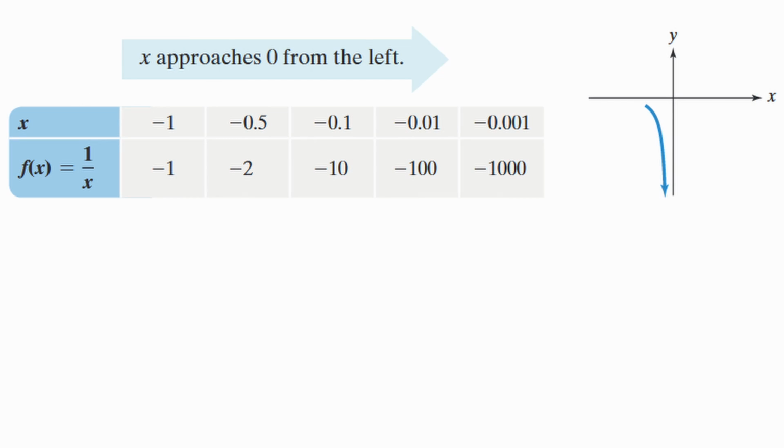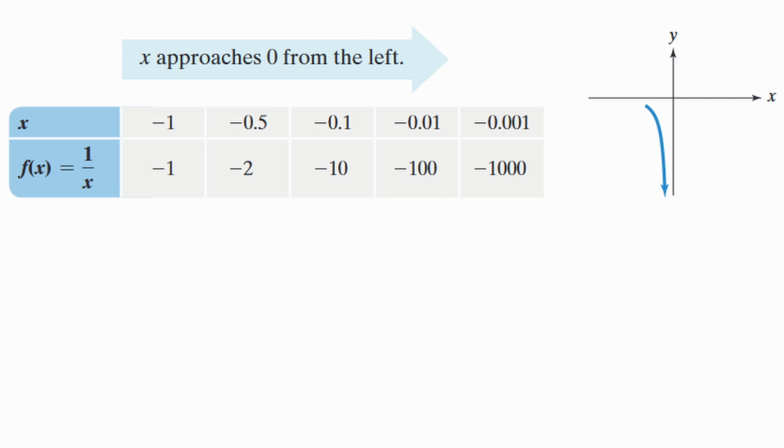So if we take x values like negative 1, negative 1/2, negative 1/10, negative 1/100th, negative 1/1000th, we'll see that our function f of x equals 1 over x has values like negative 1, negative 2, negative 10, negative 100, and negative 1000.